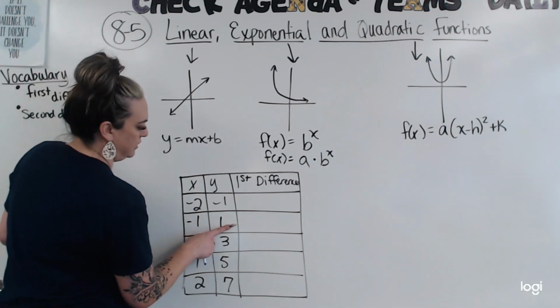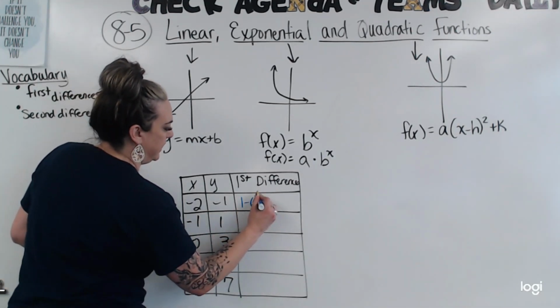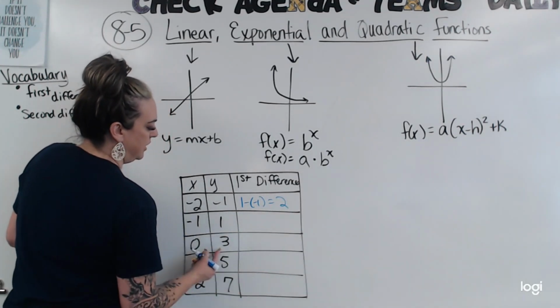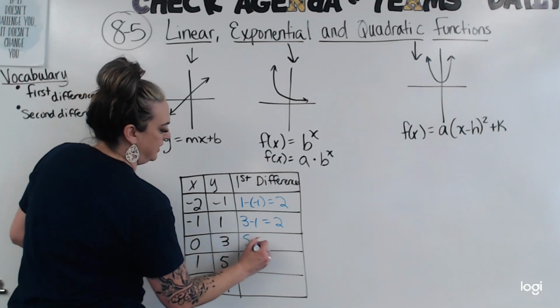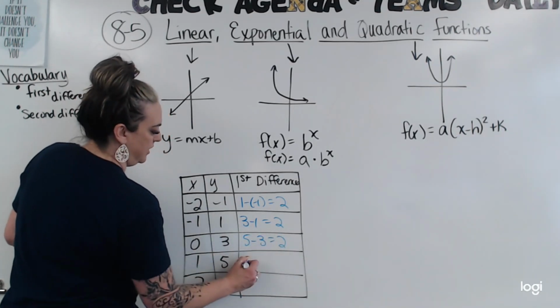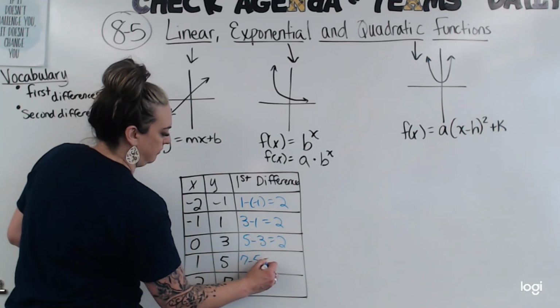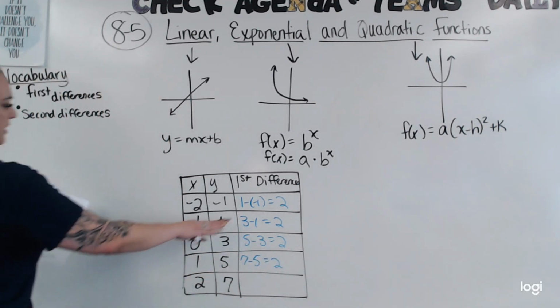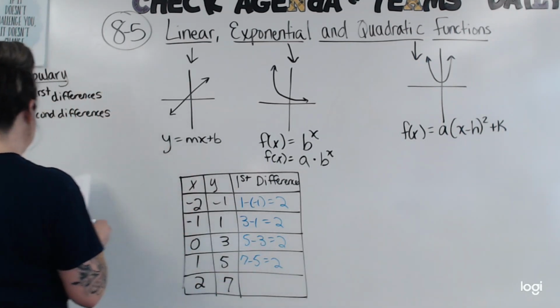So you want to go this one minus this one. So 1 minus -1 gives us 2. 3 minus 1 is 2. 5 minus 3 is 2, and so on. We should have started these down 1, but that's what it'll show in the paper.